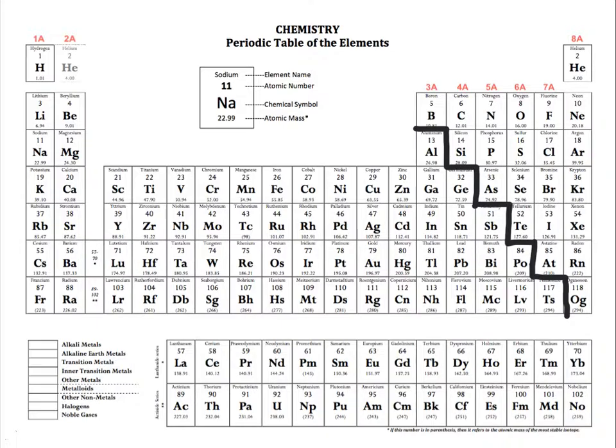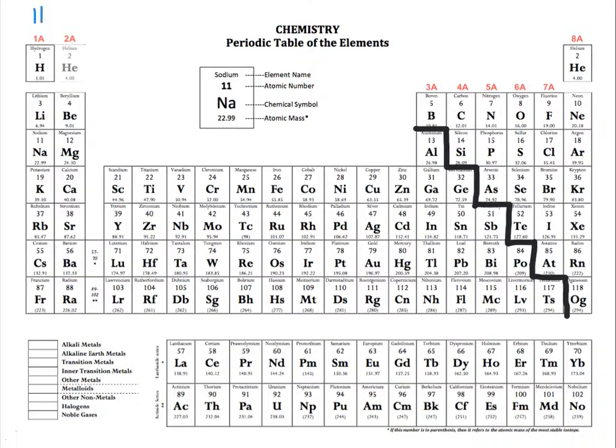Alright, so with an ionic compound, we have charges. And so we know that metals lose valence electrons. Since every element in group 1A has one valence electron, that means that when they lose their valence electron, they're going to end up with a 1 plus charge.